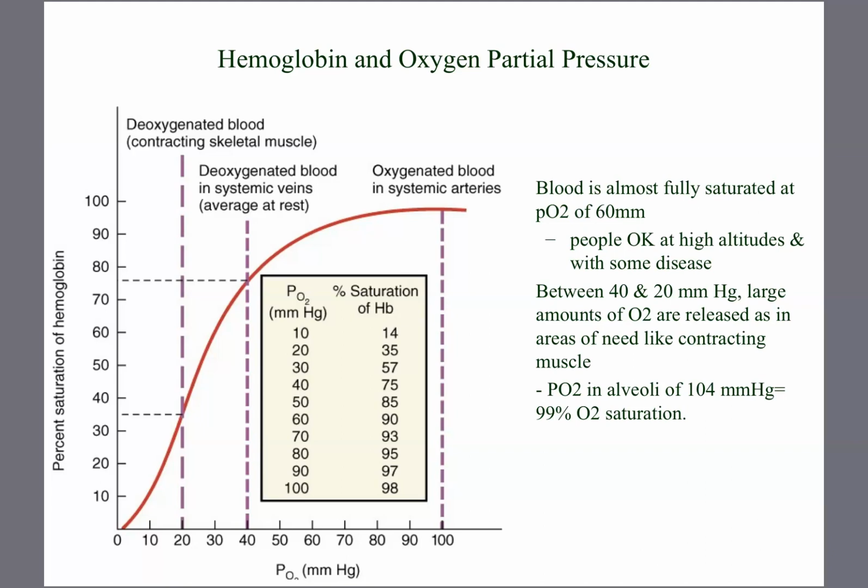Now we know that at rest, about 75 to 80% of the red blood cells that return back to the lungs will still be saturated, still have a lot of oxygen in them. What this means is that the red blood cells that we carry will always have oxygen.